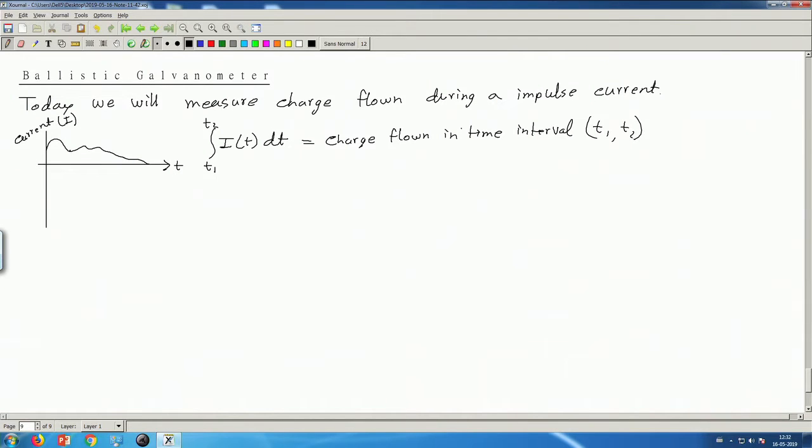So, if this is t1, this is t2, if we perform an integration, that is the area under this curve, this is nothing but the charge flown within that time.